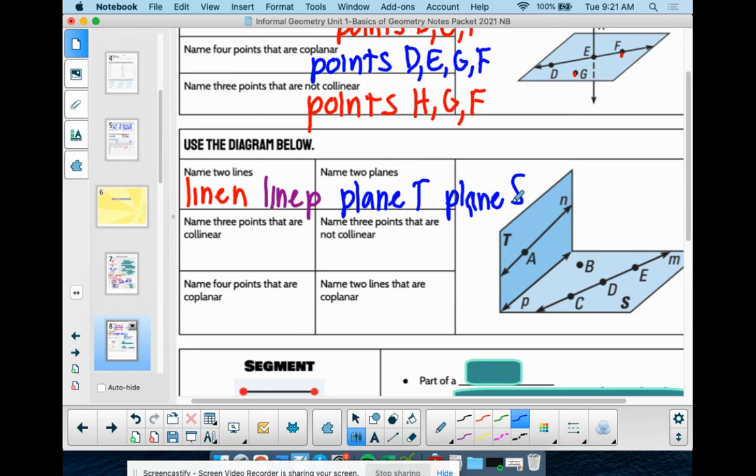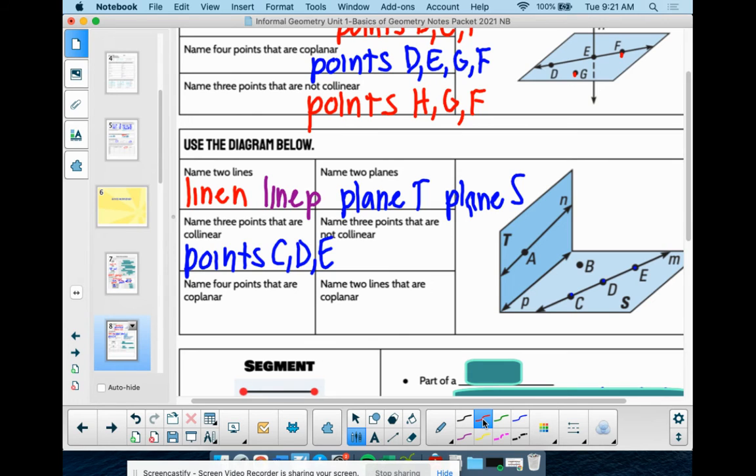Okay. Name 3 points that are collinear. So 3 points on the same line. C, D, and E. Do we agree with C, D, and E? Yep. What about 3 points that are not on the same line?